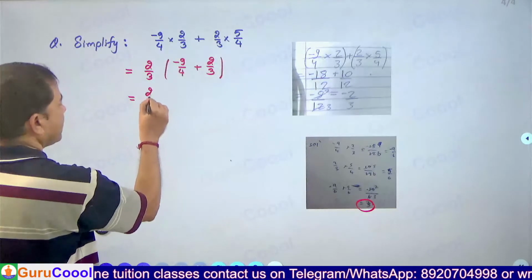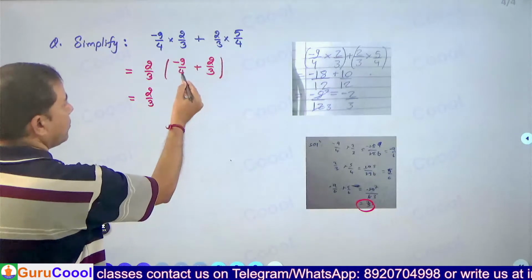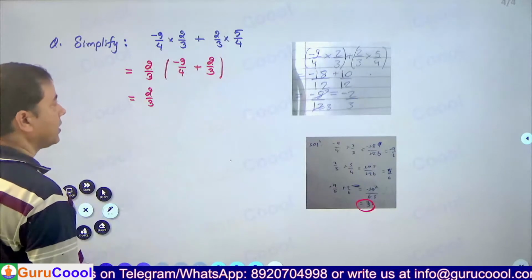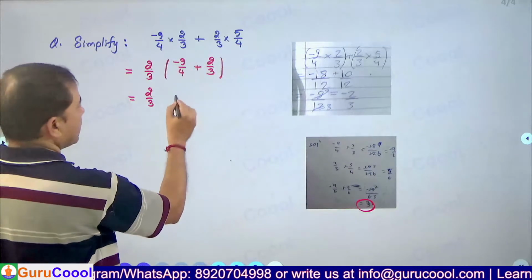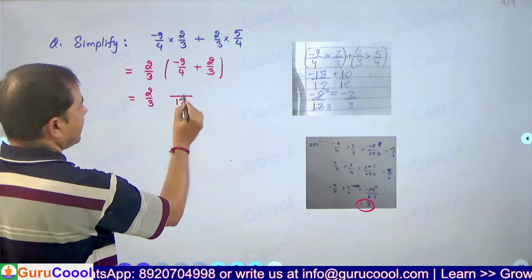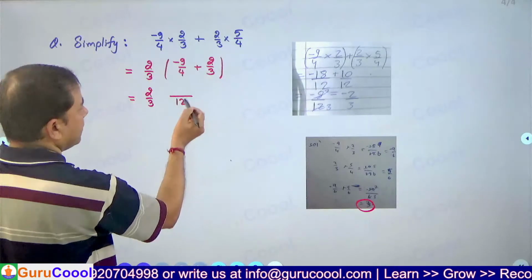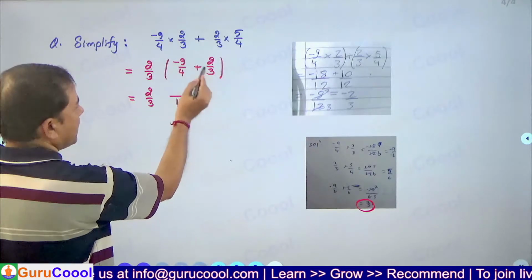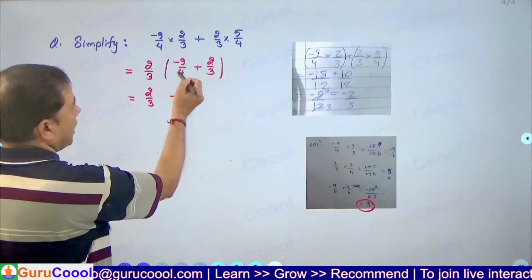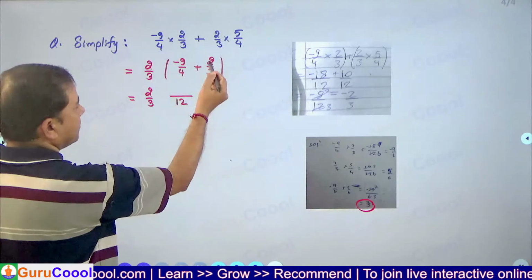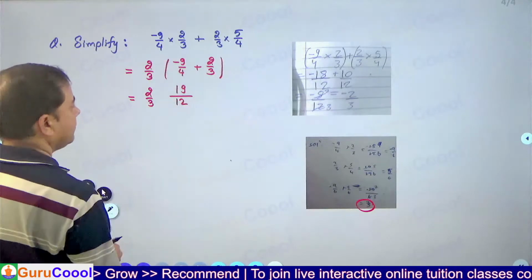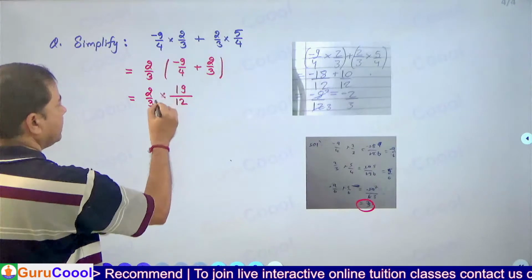And notice, if you take LCM here, or I taught the shortcut for it, 4 3s are 12, 4 3s are 12, 3 9s are 27, cross multiply here. So minus 27 and plus 4 2s are 8, right? So it's 19/12.